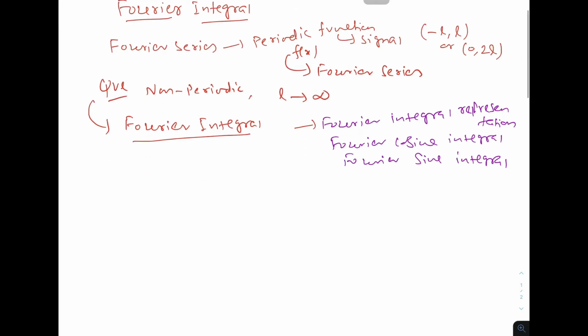So let us have the theorem here, that is, how we represent a function as a Fourier integral. Here we have a function f, and f(x) is piecewise continuous. Piecewise continuous means that we can divide the domain into some subintervals, and in each subinterval the function is continuous.